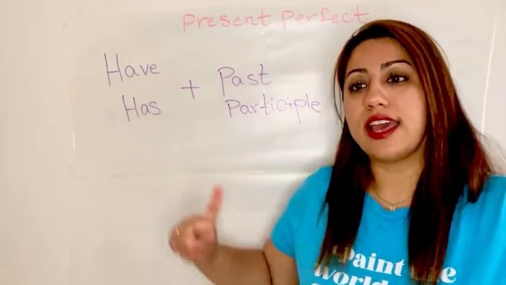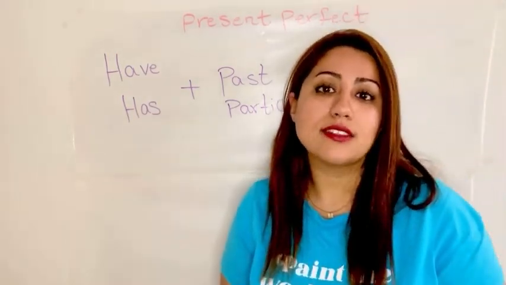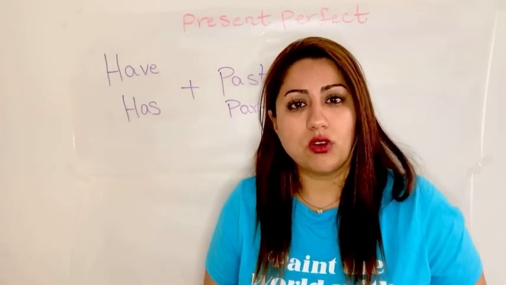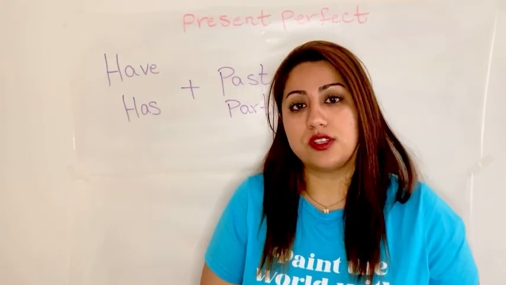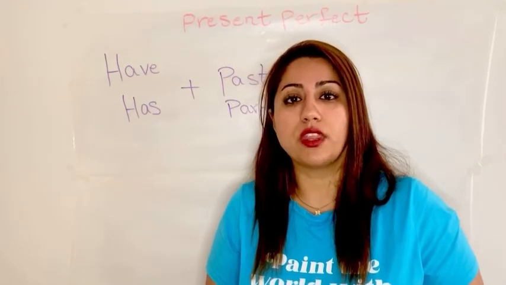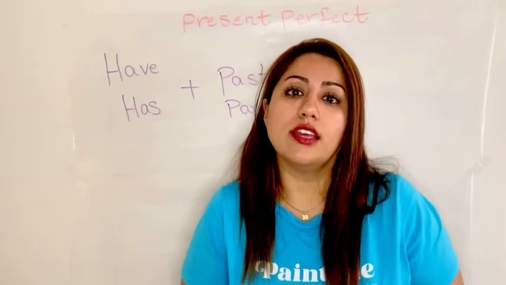First, we add have or has, then we have the past participle part of the verb. As everyone knows, each verb contains three parts: first present, then past form, and then past participle. For each verb, this past participle is different.